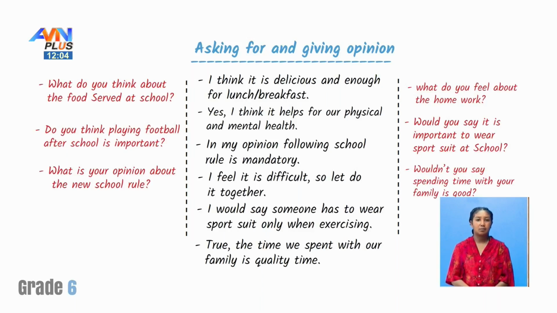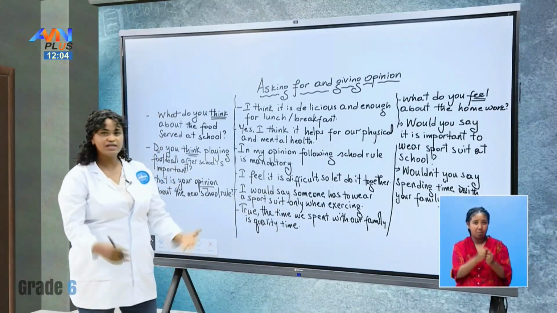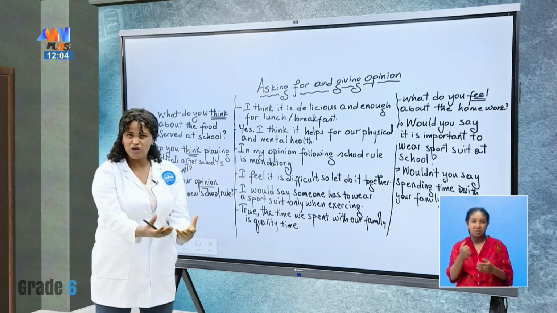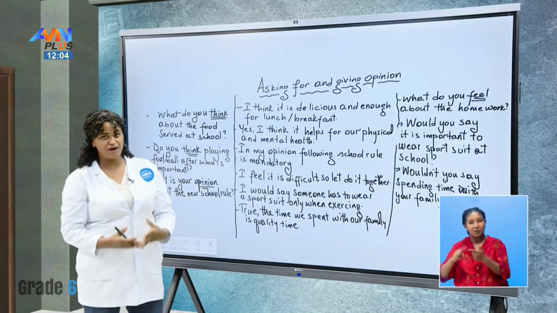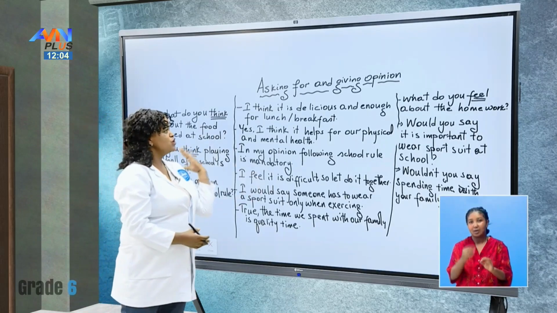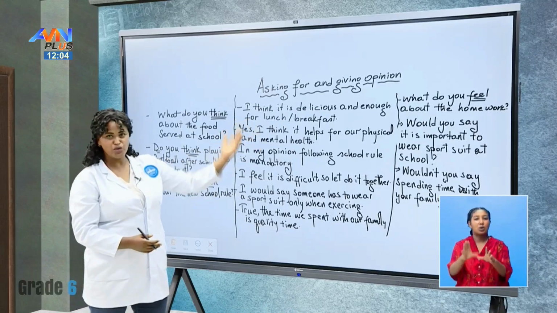Wow, wonderful. True. The time we spent with our family is quality time. You can extend it by saying because we can discuss our day, our school results, our friends with our families, right? Very good. So, look how we ask for an opinion and how we give an opinion.